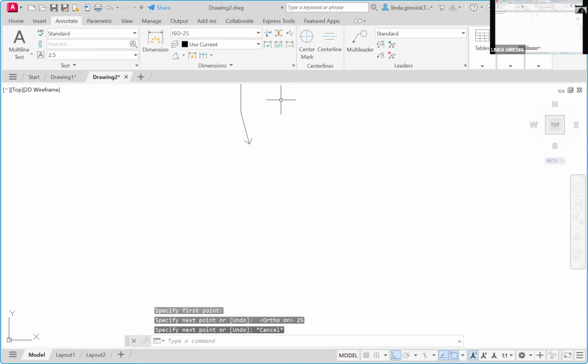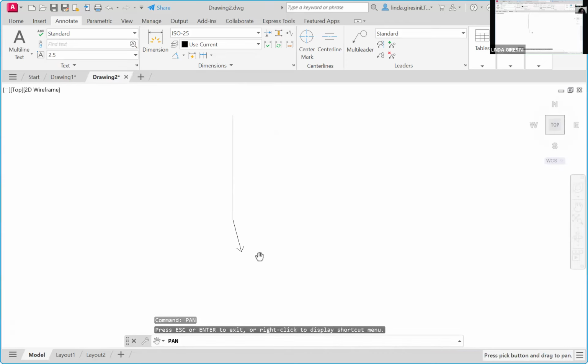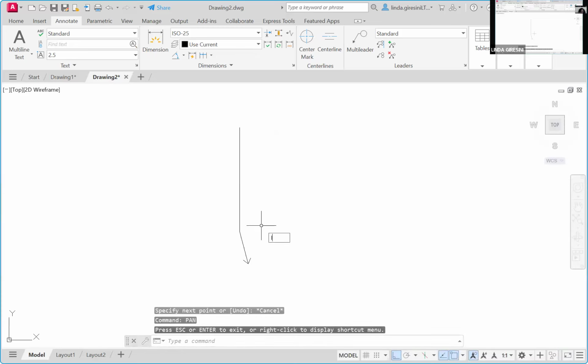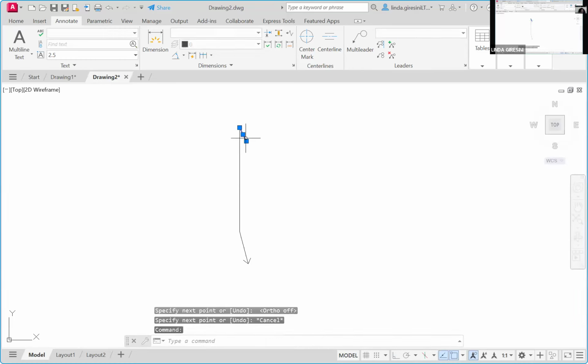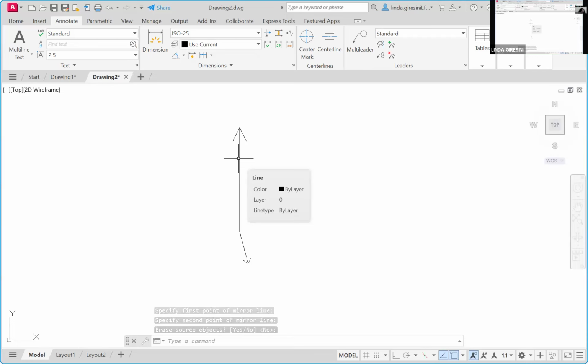And I don't have my mouse, so it's difficult for me to use AutoCAD without the mouse. So we make the arrow as well. Okay, like this. So you see the second force is much, much bigger than the first one.